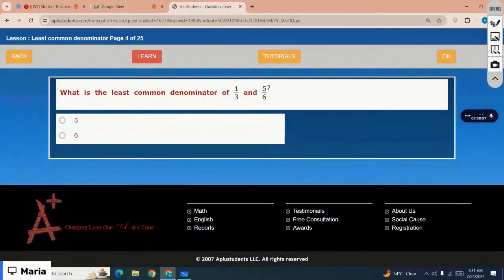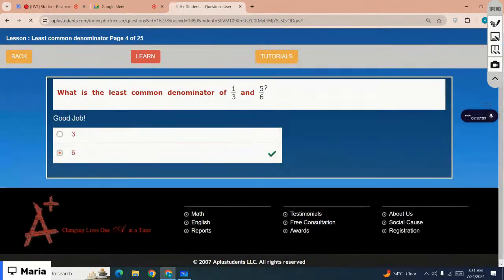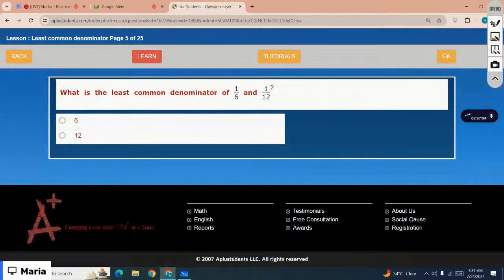What is the least common denominator of 1 by 3 and 5 by 6? Which is the correct option? Very good. 6 is the correct option. What is the least common denominator of 1 by 6 and 1 by 12?